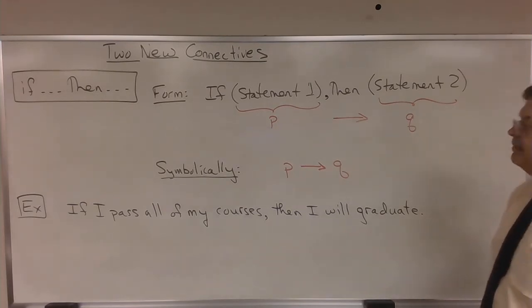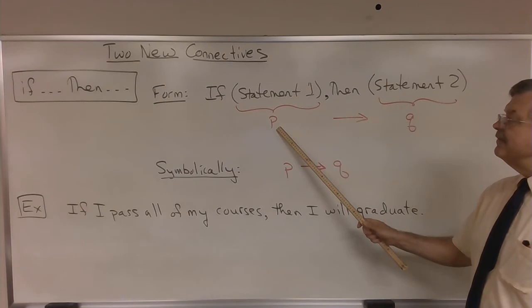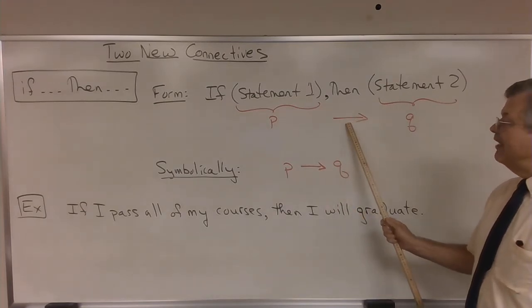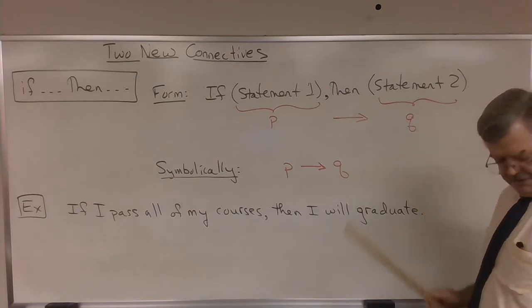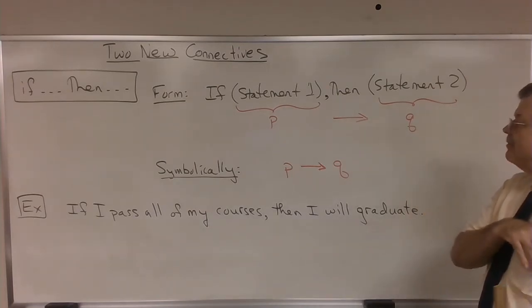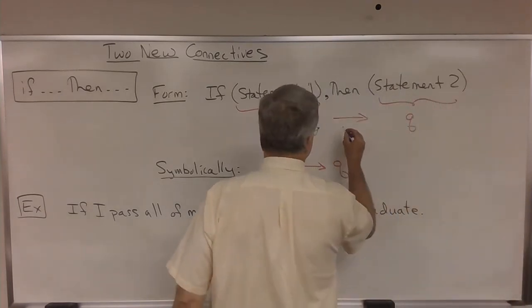And schematically or symbolically, we represent it as P, the first statement, and an arrow going left to right, and then the second statement.